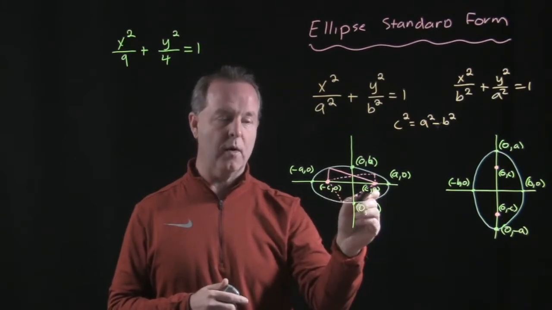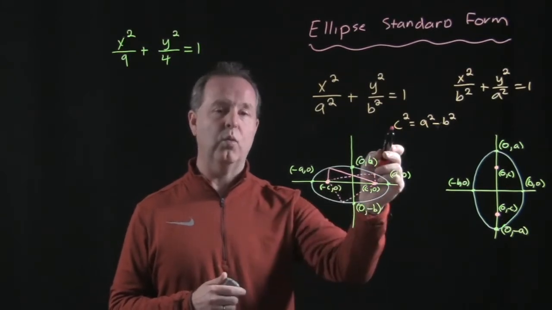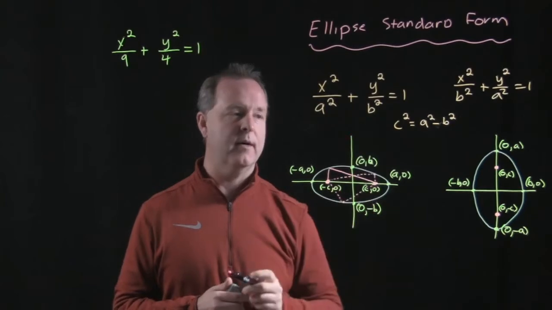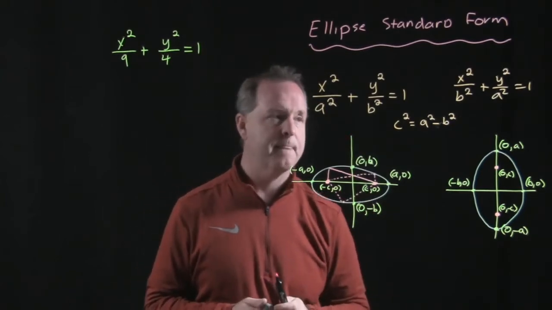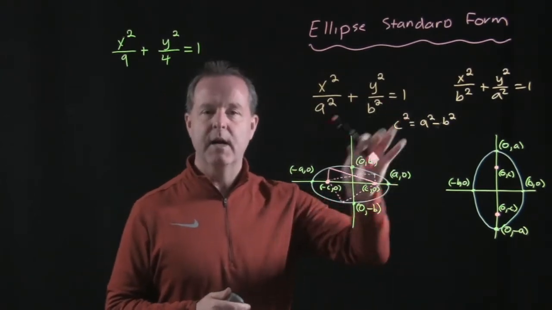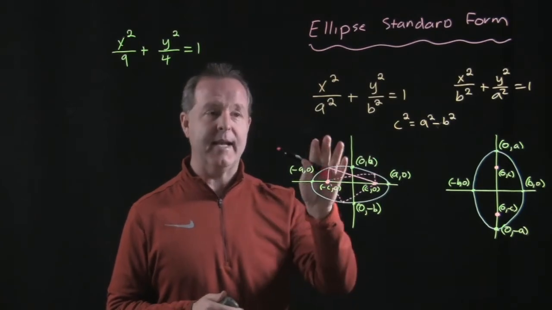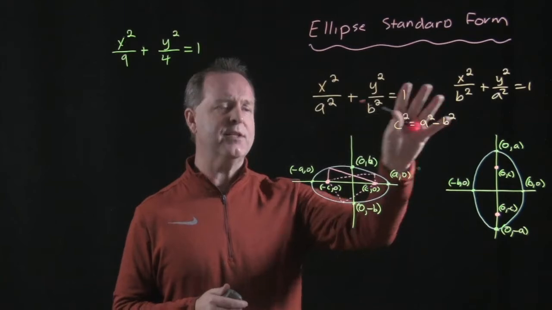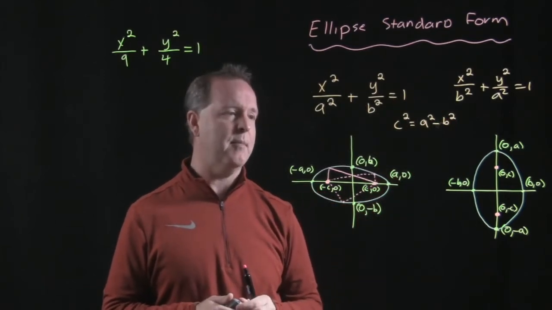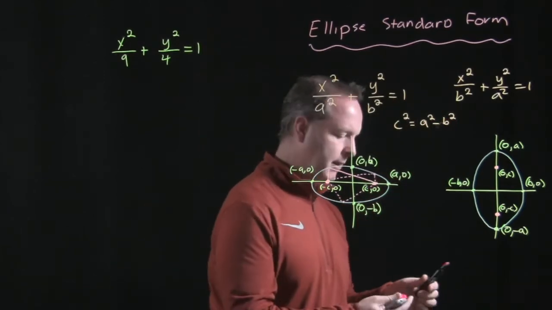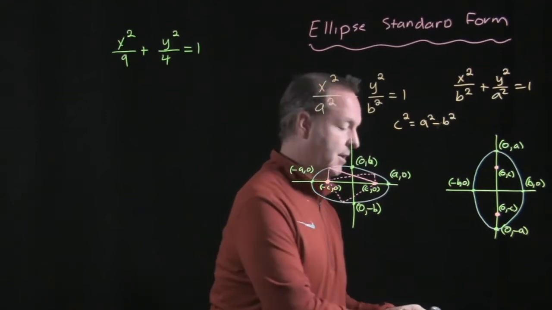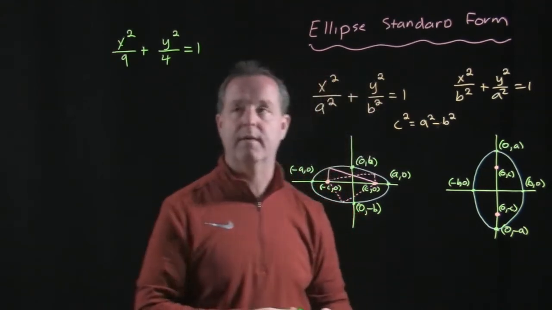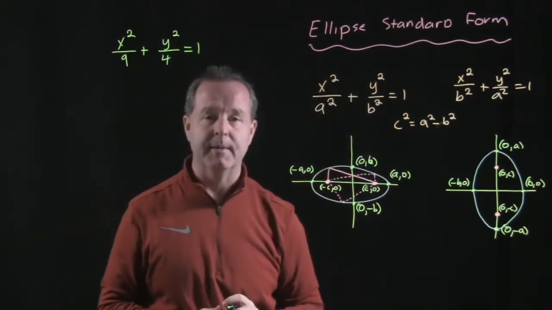And the foci, the two focus points, are found using the equation c squared equals a squared minus b squared. The derivation of all of these takes more time than I have here, so right now I want you to be comfortable that these are important equations that we'll use as we solve these types of ellipses.